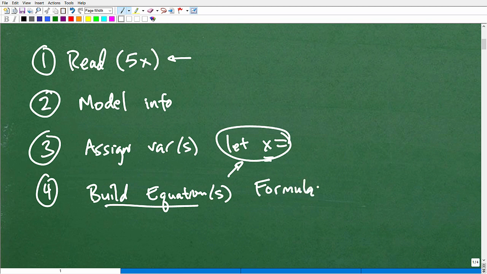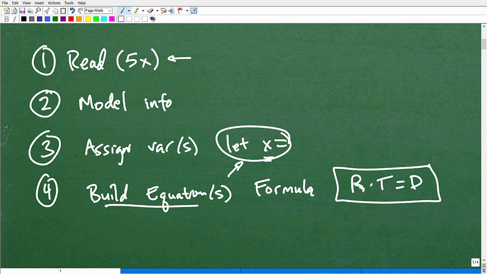The formula that we're going to be using in this particular problem is rate times time is equal to distance. This right here you should know, as a basic algebra or math student. So rate times time, speed times time, is equal to distance. You should be familiar with this formula. If you're not, there it is. We're going to use it here in a second, but this is a big one.